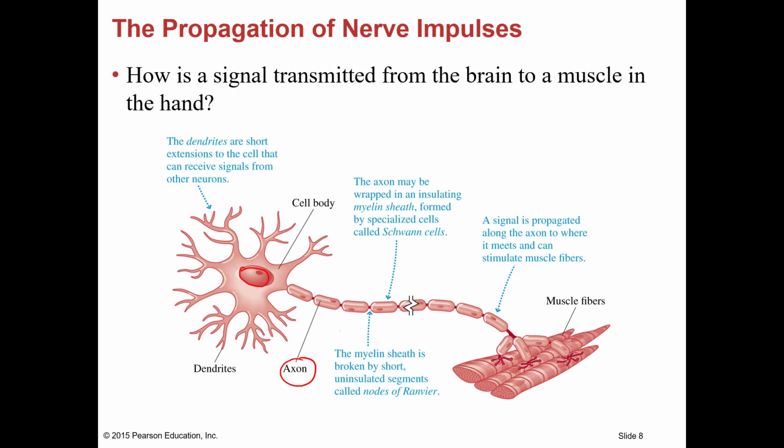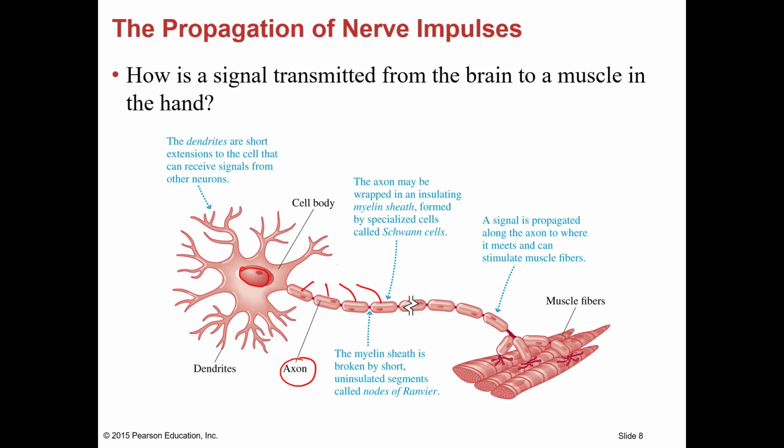There is also a sensory neuron that brings the signal to the brain. These axons are wrapped in something called the myelin sheath. These things are insulated, the myelin sheath, and they are made up of specialized cells called Schwann cells.